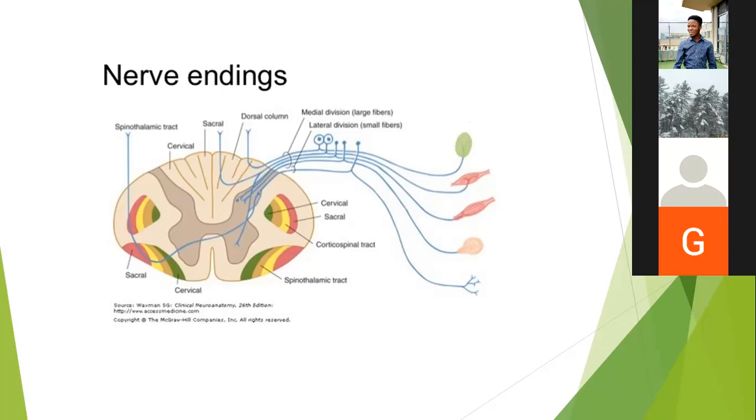If I vibrate something on your skin, say for example, when you feel the phone vibrating, you are stimulating one of these receptors. Okay. When you feel temperature, cold or warm, you are stimulating one of these receptors. All these are found within the skin. So we call them the cutaneous receptors.